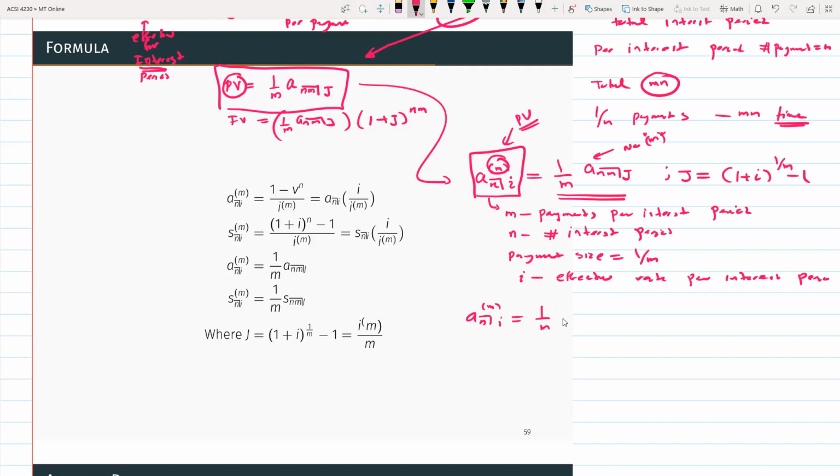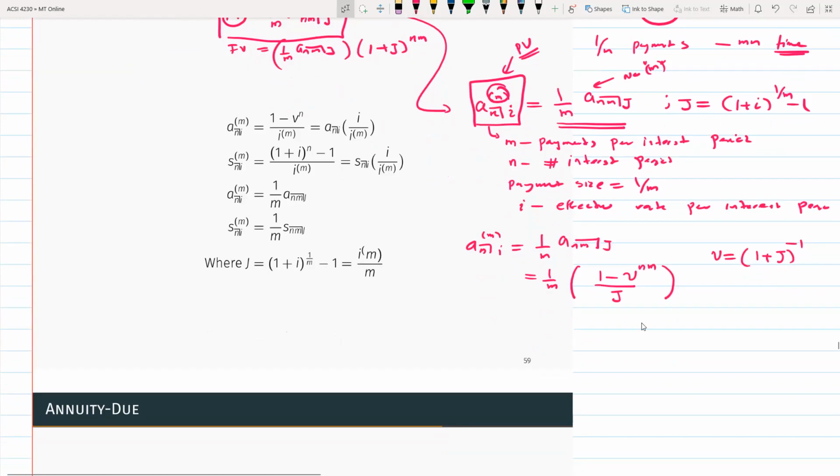It is 1 over m, (1 minus v to the nm) over j. And what is v in here? Every time you see v, you have to be careful what v means. Here v means (1 plus j) to the power negative 1.